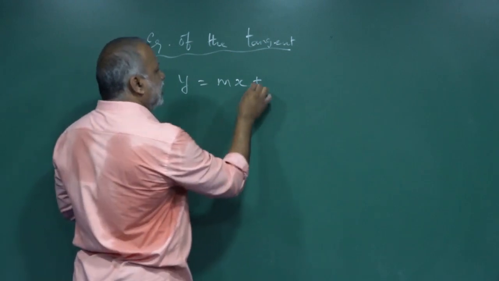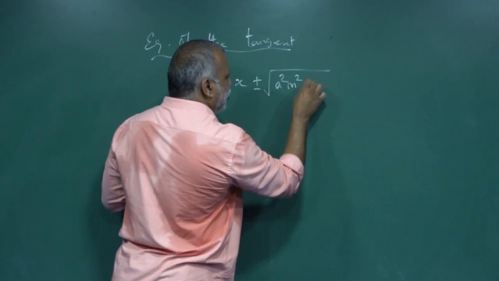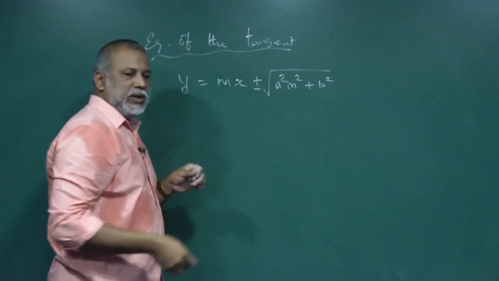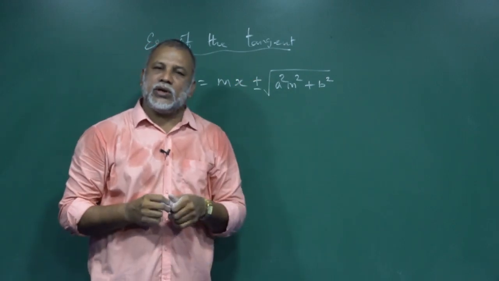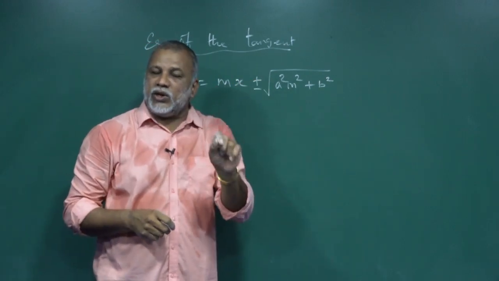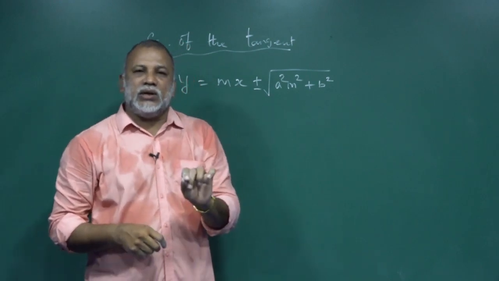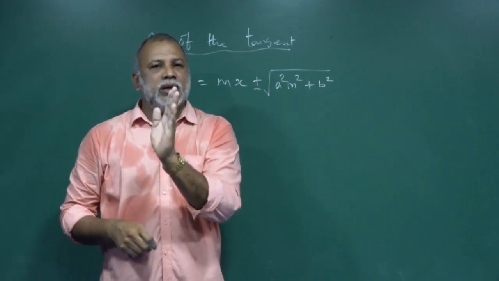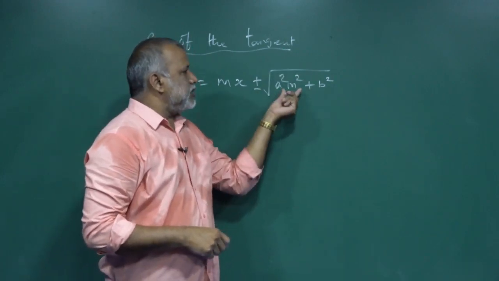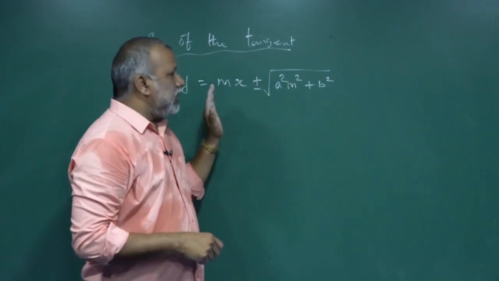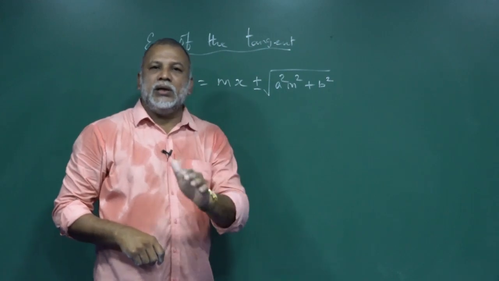Instead of that c, we already derived the condition: square root of a squared m squared plus b squared. Condition for the line y equal to mx plus c to be a tangent to the ellipse is c squared equal to a squared m squared plus b squared. We want c, that means plus or minus square root of a squared m squared plus b squared. This is said to be a tangent in terms of slope, where m is called the slope.